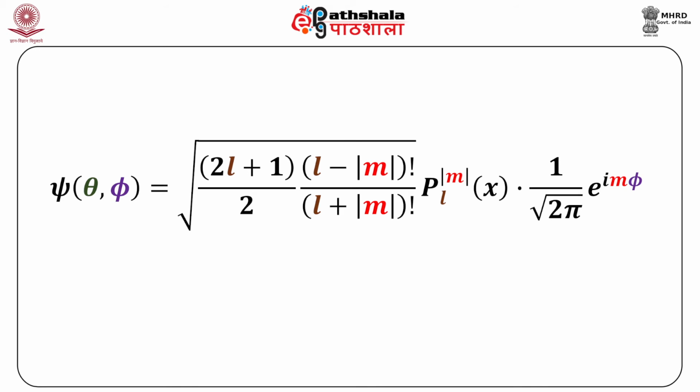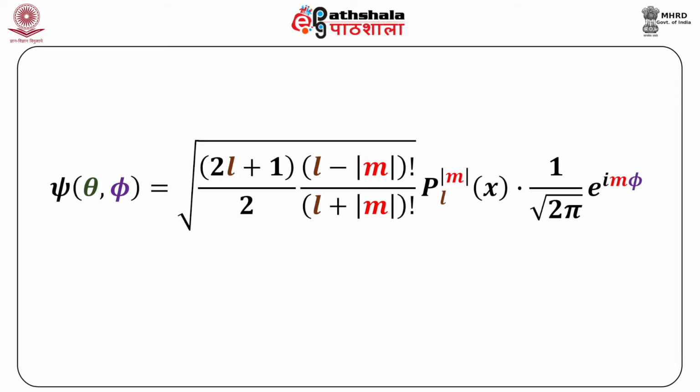This is the total wave function of the rigid rotator, and this is equal to psi(theta, phi) equal to the square root of (2L plus 1) upon 2 times (L minus absolute M) factorial upon (L plus absolute M) factorial, into P_L^|M|(cos theta).